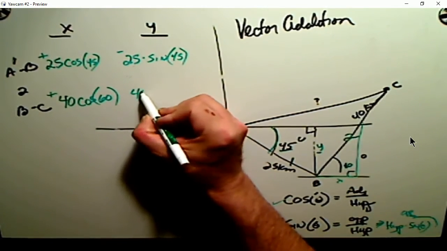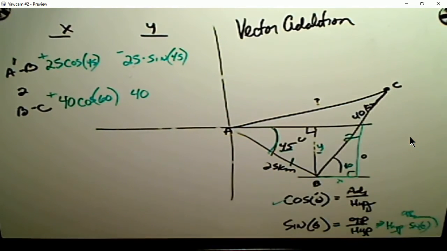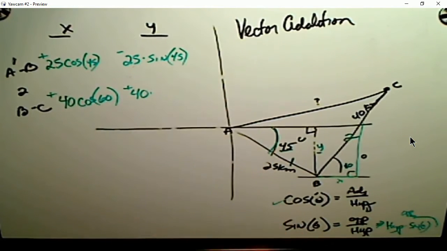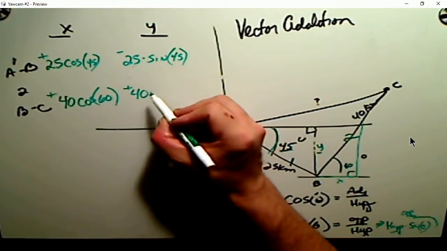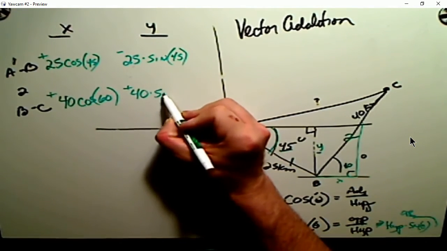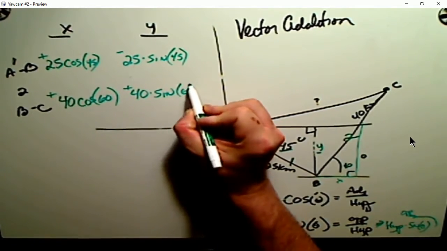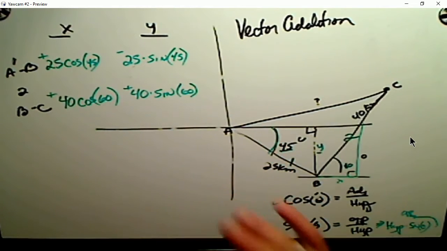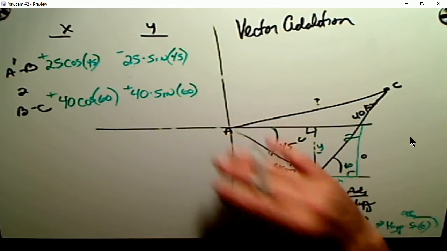The other is positive y direction, and it is sine of 60. Those are the components in the x direction and the y direction for these two particular vectors.